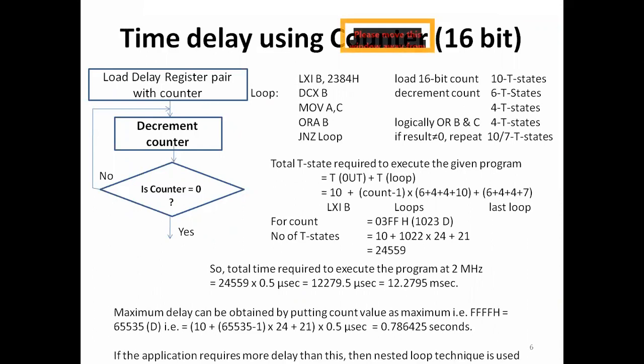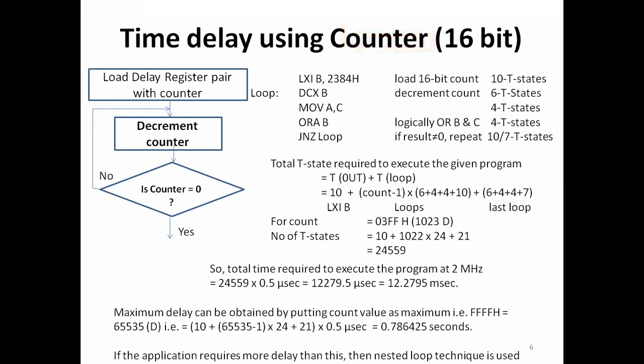So this delay is more than the previous one. But if your application requires more delay, besides using a single count value in an 8-bit register or a 16-bit count value in a 16-bit register, we can also go for more delay.